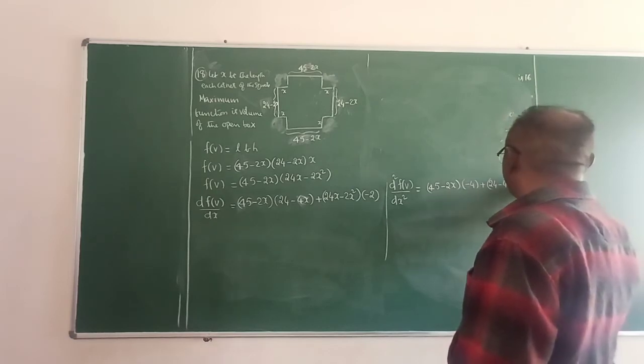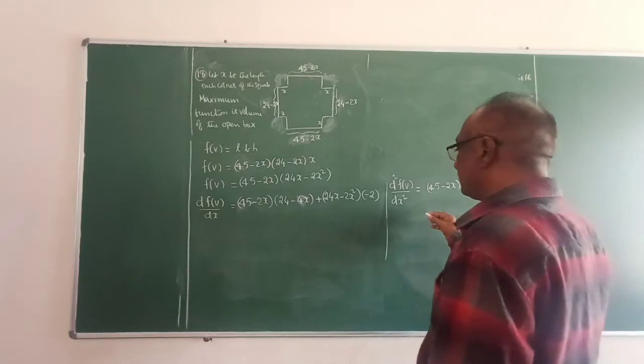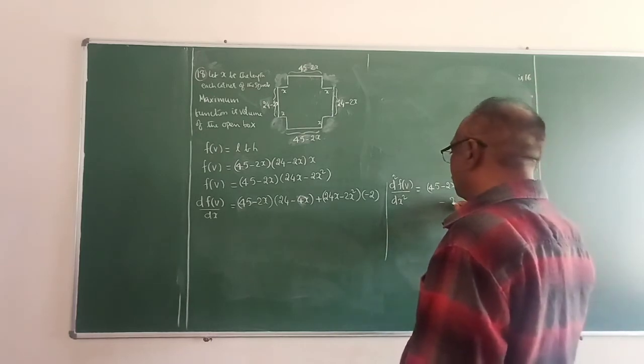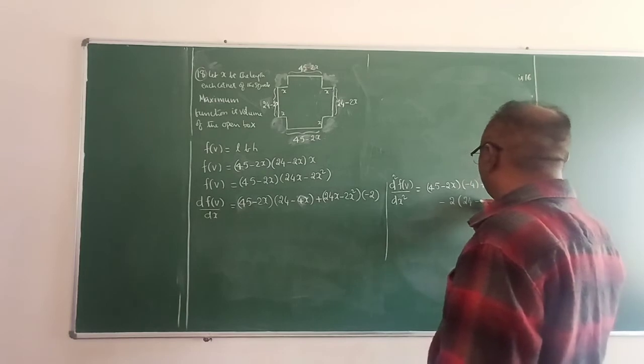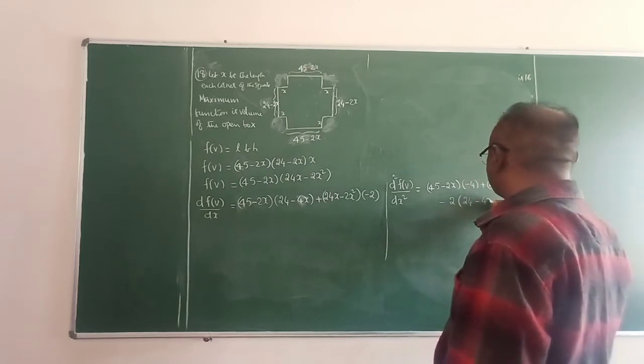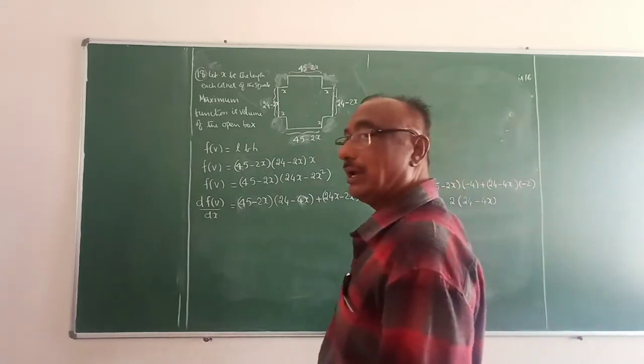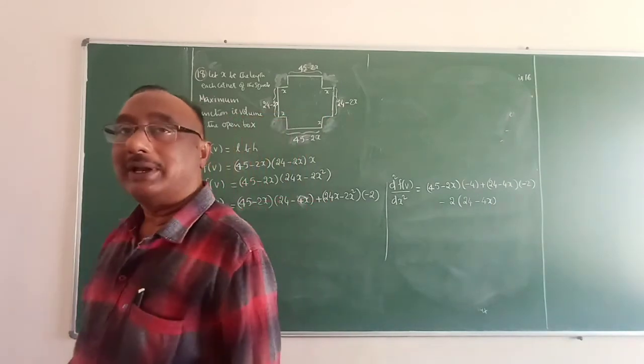First part of u into v is over. Second part is minus 2 into 24x derivative 1 minus 4x. d square f by dx square is completed.